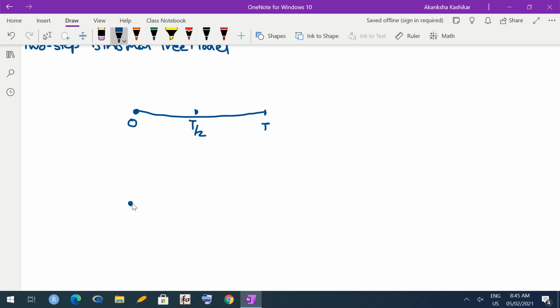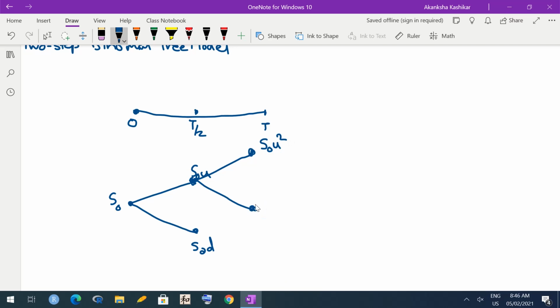So at 0 we start with asset price S0, then we have S0 U here and S0 D here, and this is now again up movement, so it would become S0 U times U, so S0 U square.